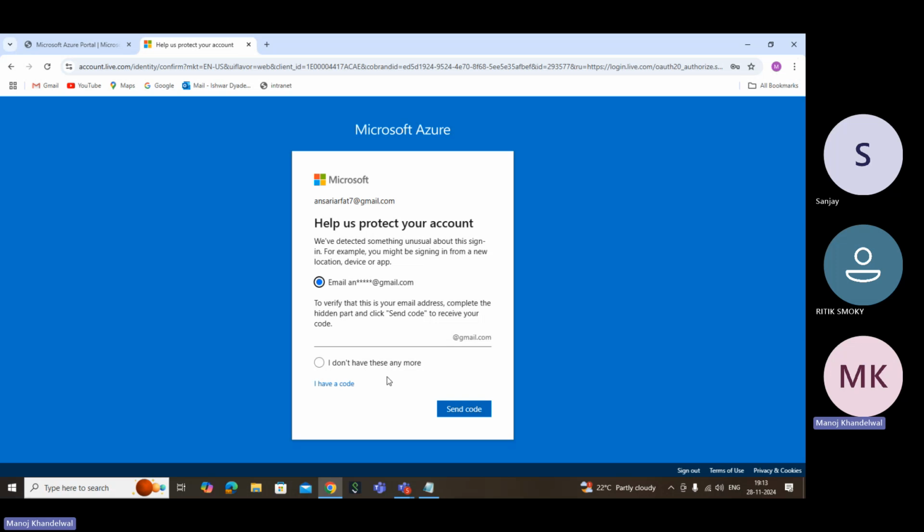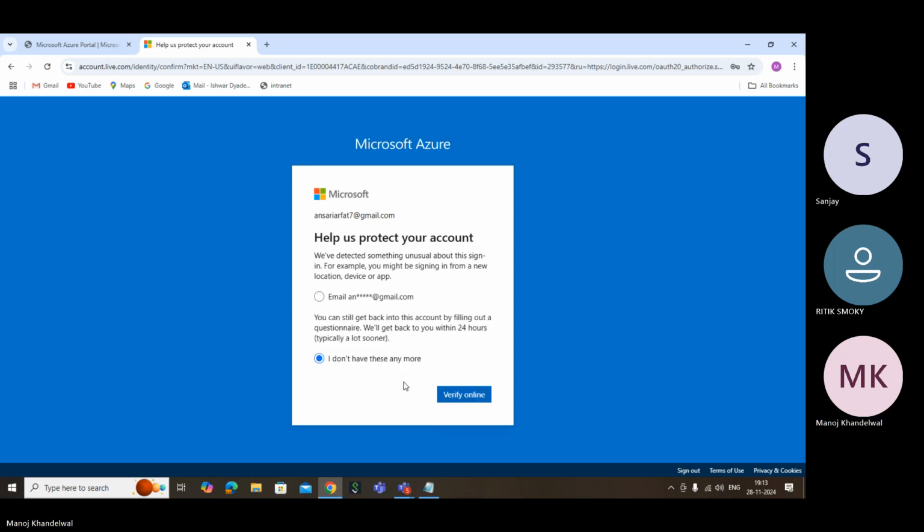It asks to send a code, oh man, what is this? I don't have any of these. Verify online? Email. We will get back to the account by filling out the questionnaire.